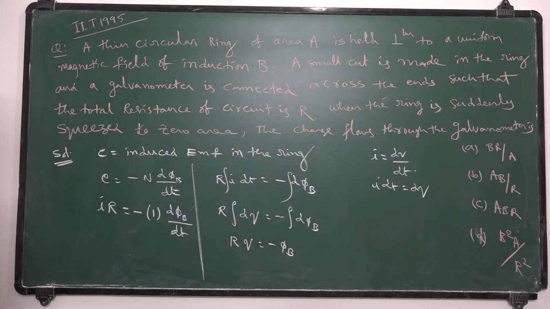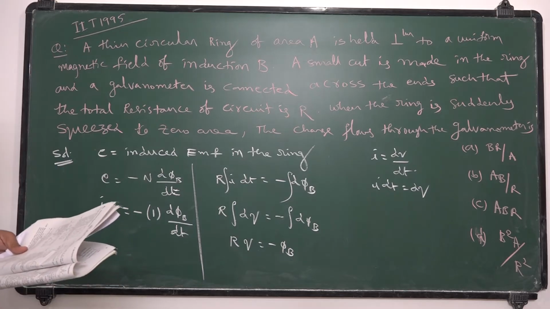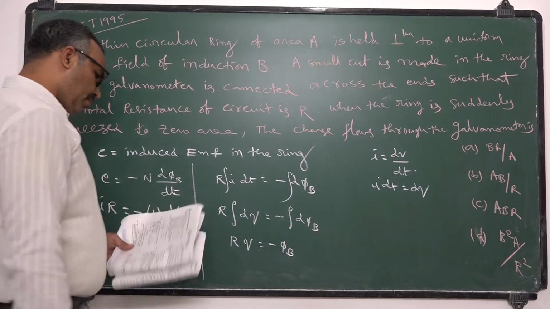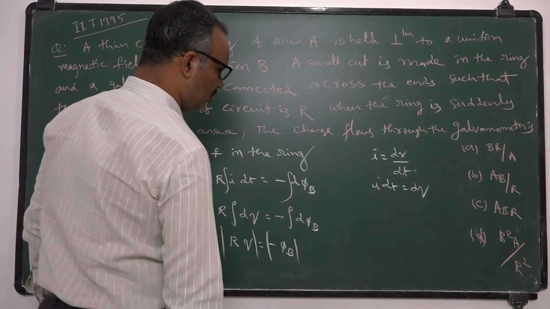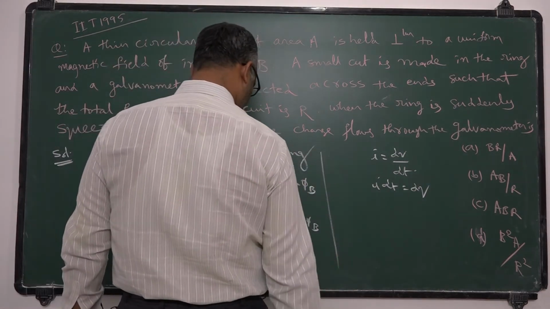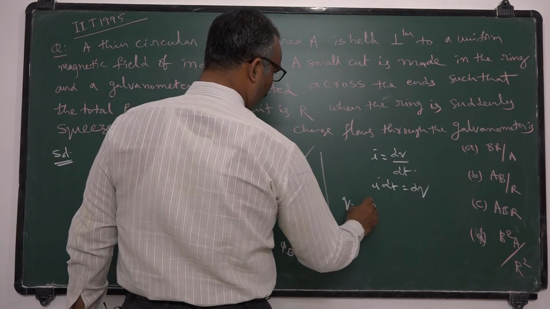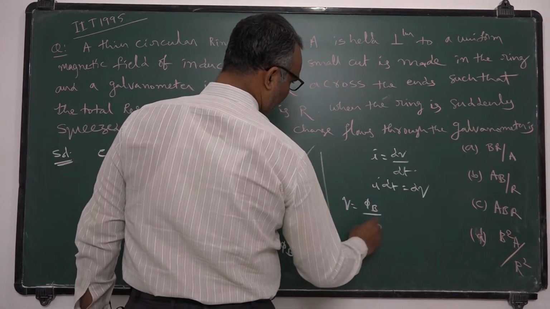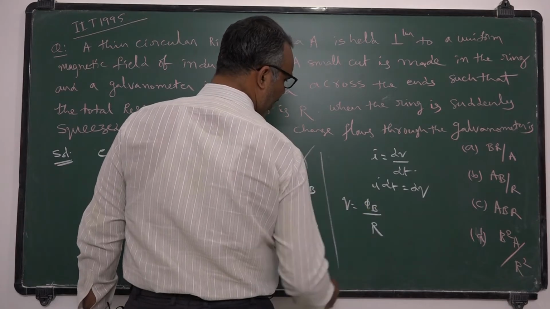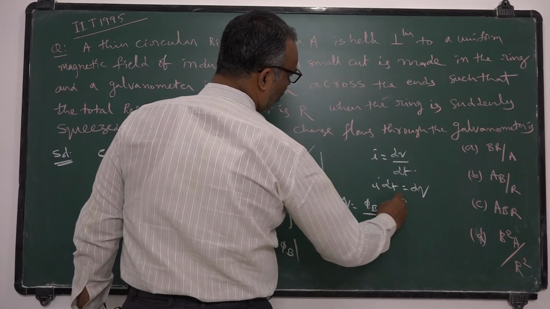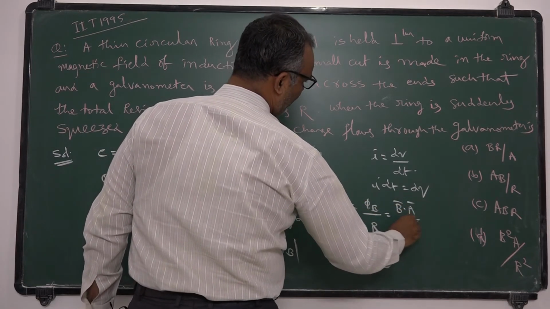Here minus indicates only direction, so you need to take only magnitude on both sides. So the charge that flows through the ring, q, is equal to phi B by R. Magnetic flux is given by B vector dot A vector.